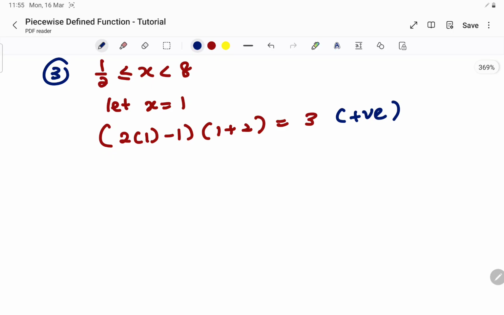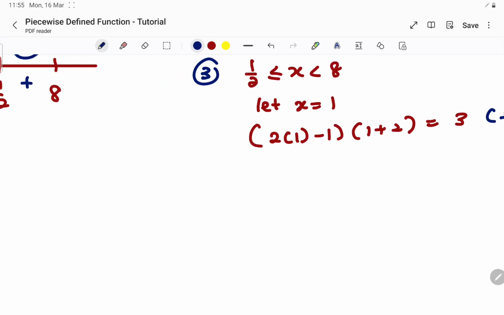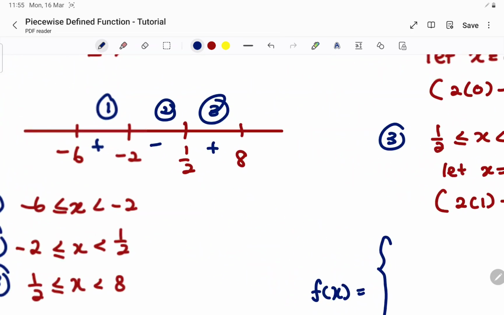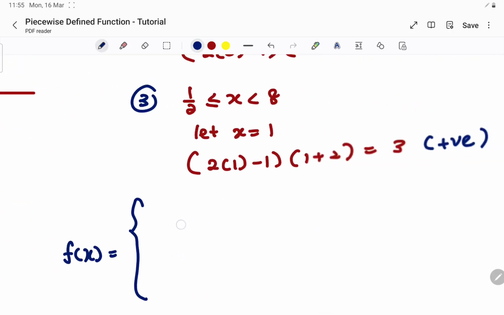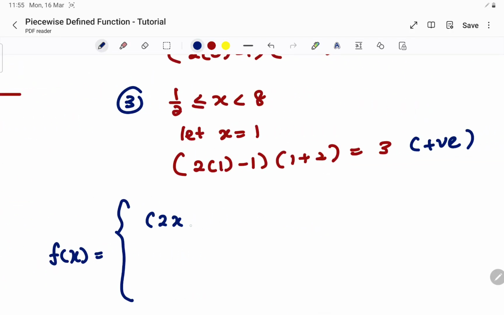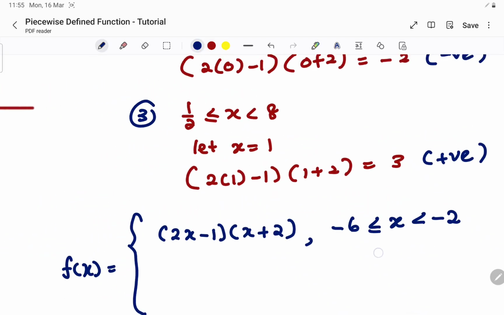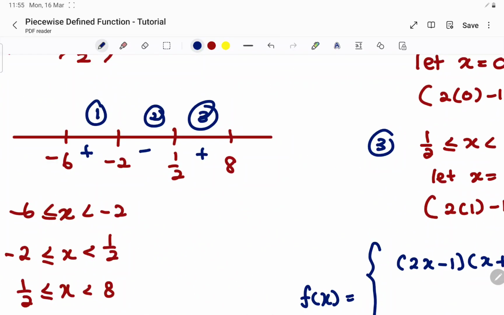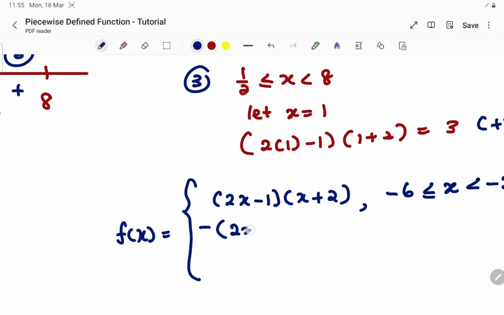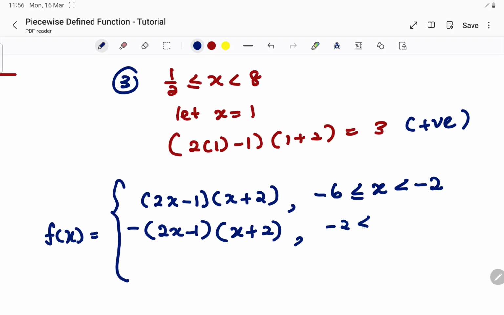So first step, f(x) is equal to, the first region for negative 6 until negative 2 is positive, right? So you just copy (2x minus 1)(x plus 2), starting from negative 6 until negative 2. The next region is negative, so you put negative in front, negative (2x minus 1)(x plus 2), comma, and then negative 2 less than x less than 1 over 2.